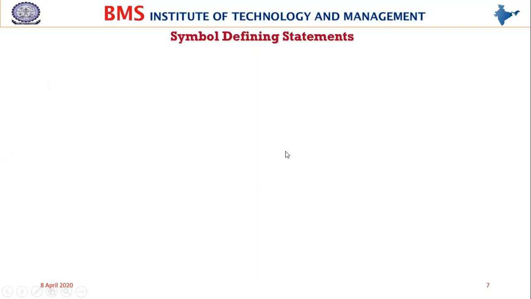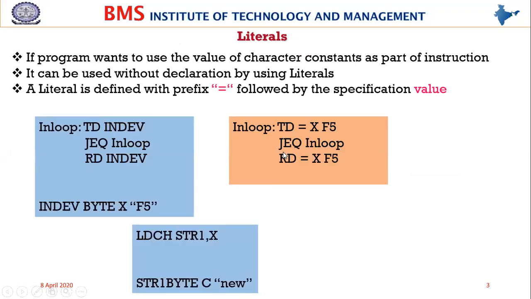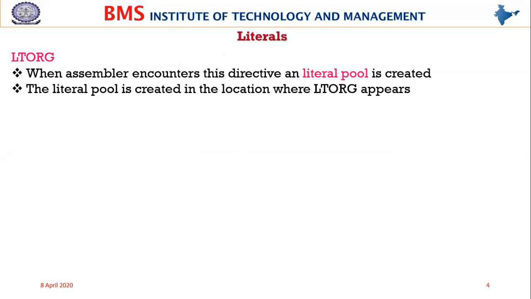That's about 3 things. So we just started with the literals. Literals are assigned by using equal to and a value. You use them to allocate or use the character and hexadecimal constants or strings directly in the instruction without declaring them. Next, we went for LTORG, which is going to create a literal pool by allocating spaces for all the literals that you have used in your program.